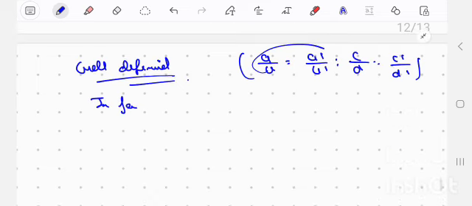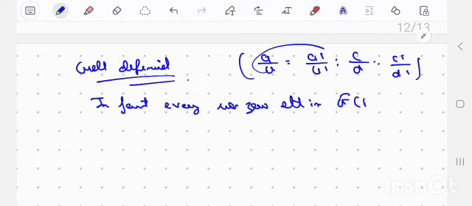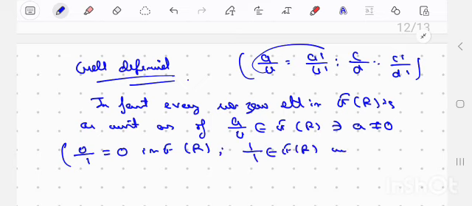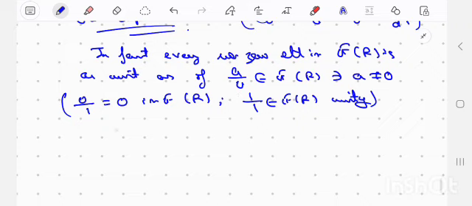In fact, every non-zero element in FR is a unit. If I choose the element A by B from FR such that A is non-zero, because we defined 0 by 1 to be 0 in FR, constituting the zero element, and 1 by 1 in FR as the unity element, then B by A is its inverse.